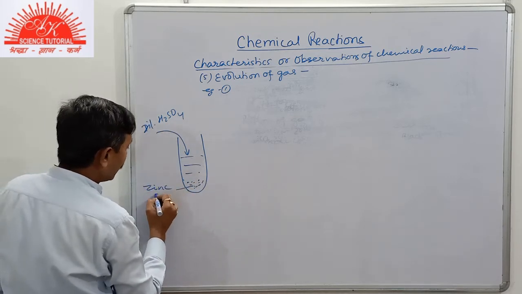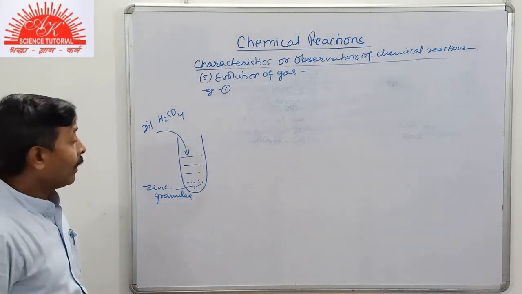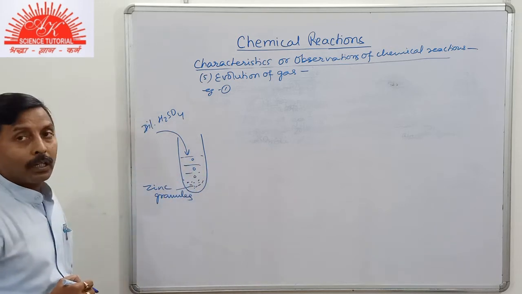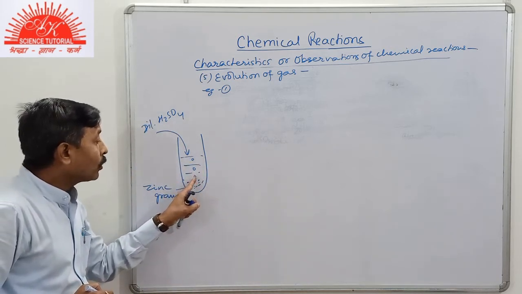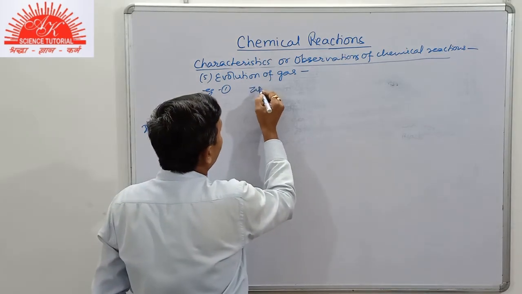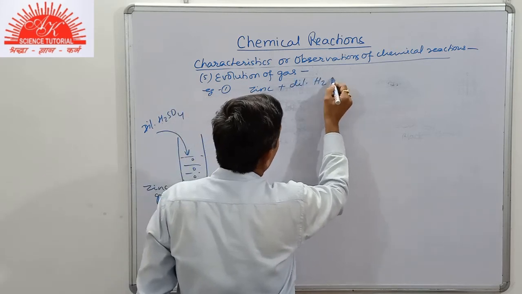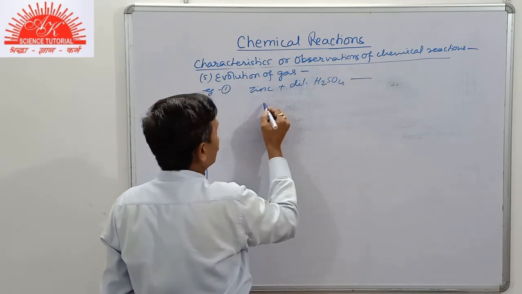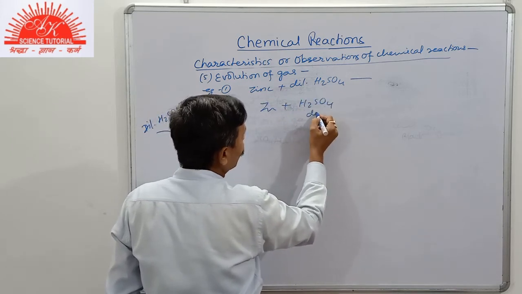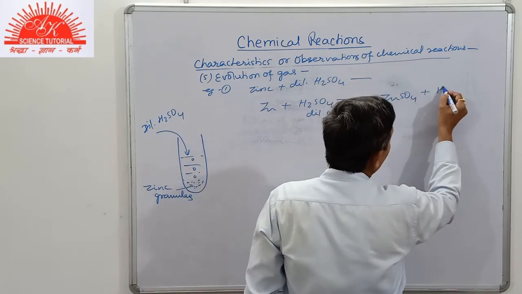Here we write zinc granules or granulated zinc. Then we observe that bubbles are evolved. These bubbles are due to the evolution of gas, when zinc plus dilute H2SO4 reaction takes place. Then Zn plus dilute H2SO4 gives us ZnSO4 plus H2.